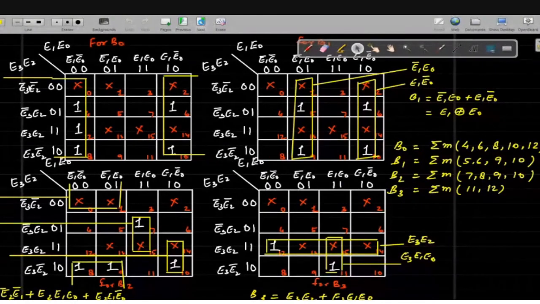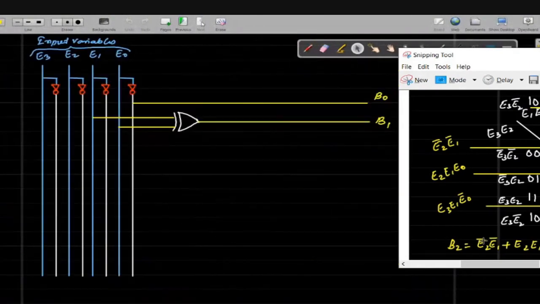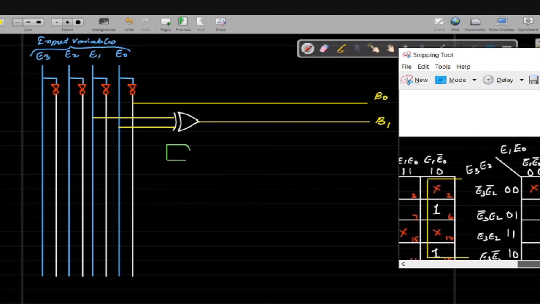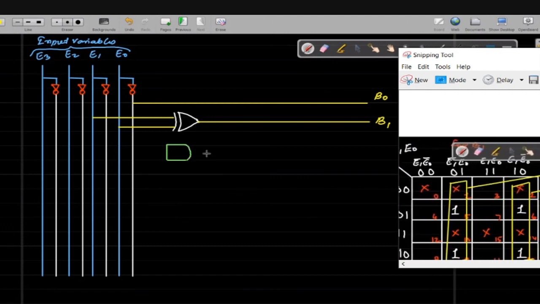Okay, so let's first draw the AND gate. This is an AND gate. This is another AND gate.